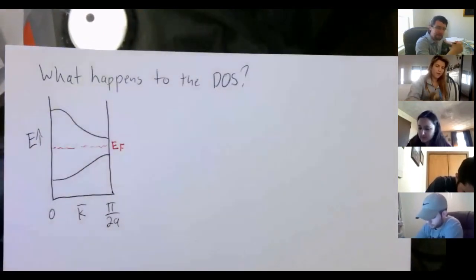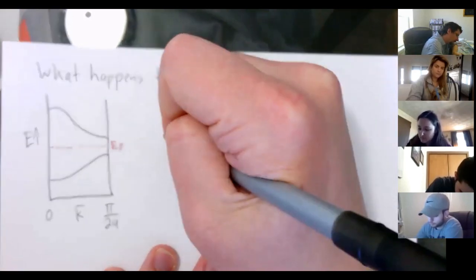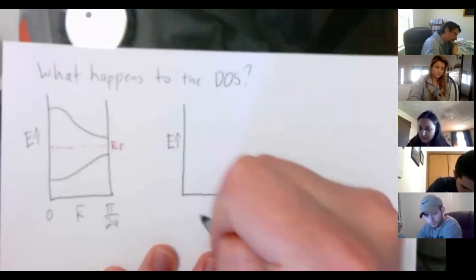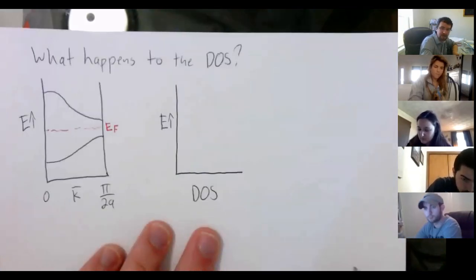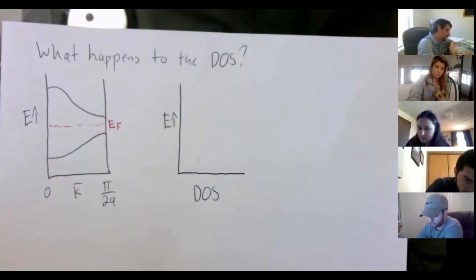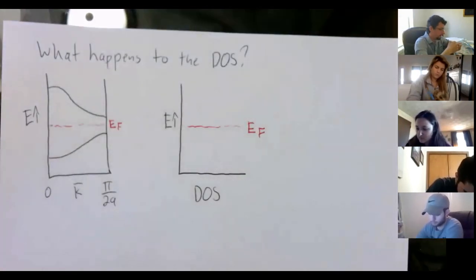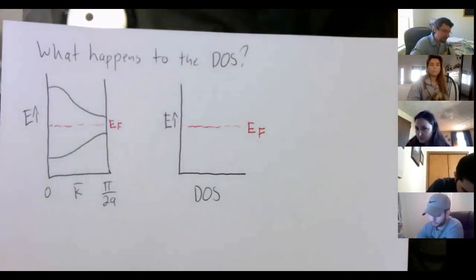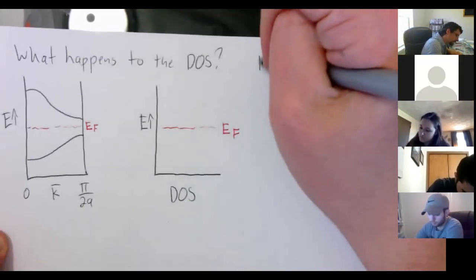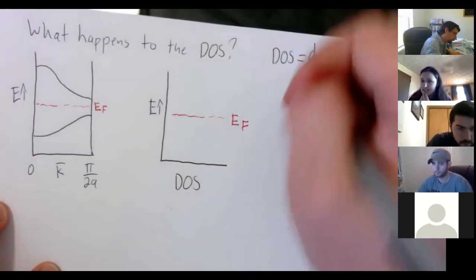All right, now we're going to plot the density of states. We have our energy on our y-axis still, and we have density of states on the bottom. Our Fermi level is going to be the same. But what does our DOS look like? How did we define density of states again? It was equal to some differential, dn over dE.